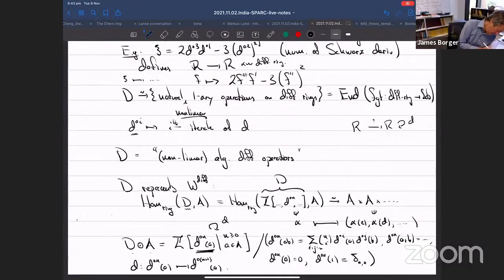So this is the free differential ring on A.